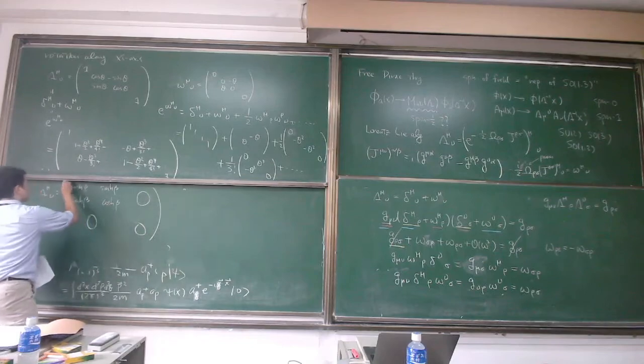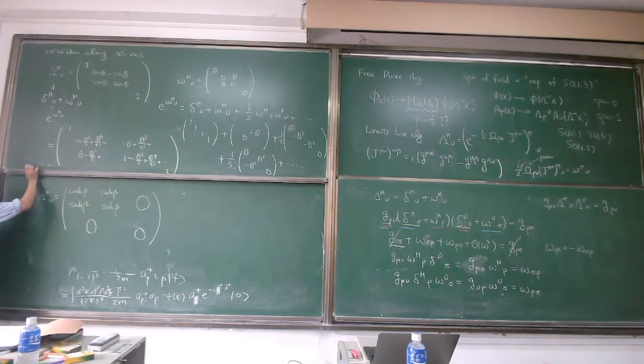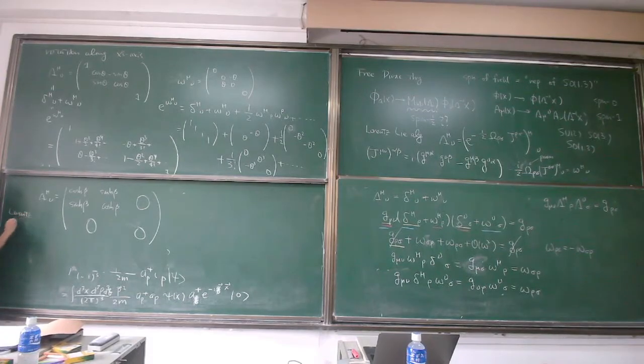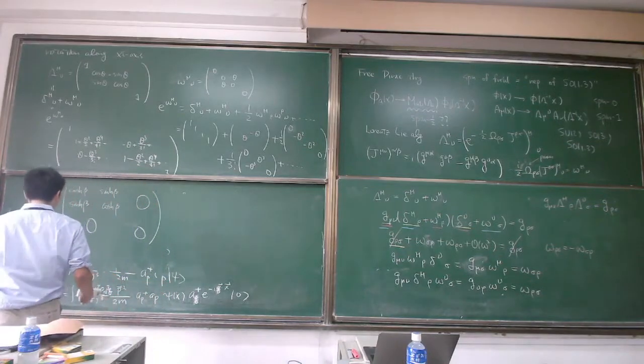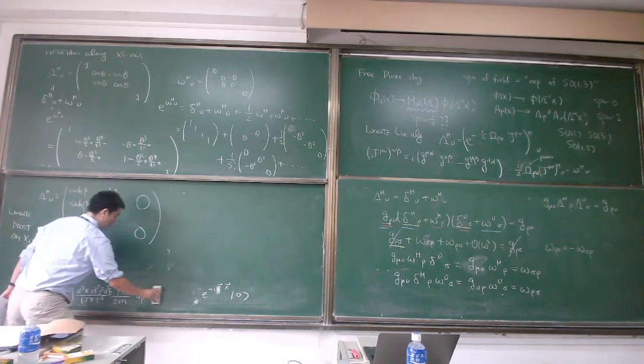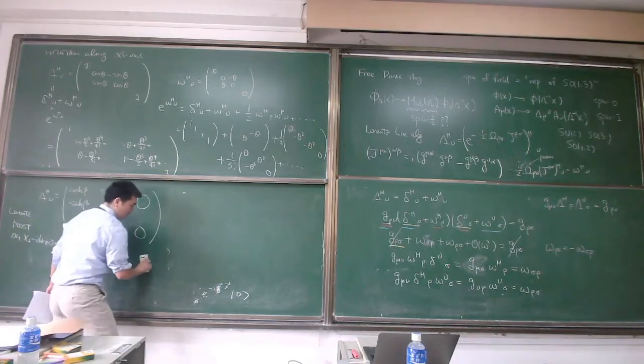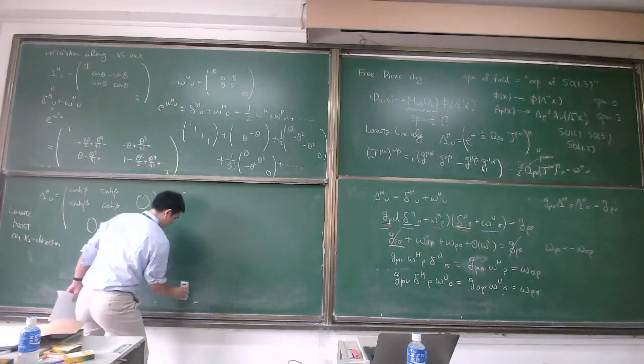So this is a Lorentz boost along the x1 direction. I forgot, beta is called rapidity. I forgot the name in English, sorry. I should have known, but you should look at Wikipedia. I think rapidity. Beta is called rapidity, right?